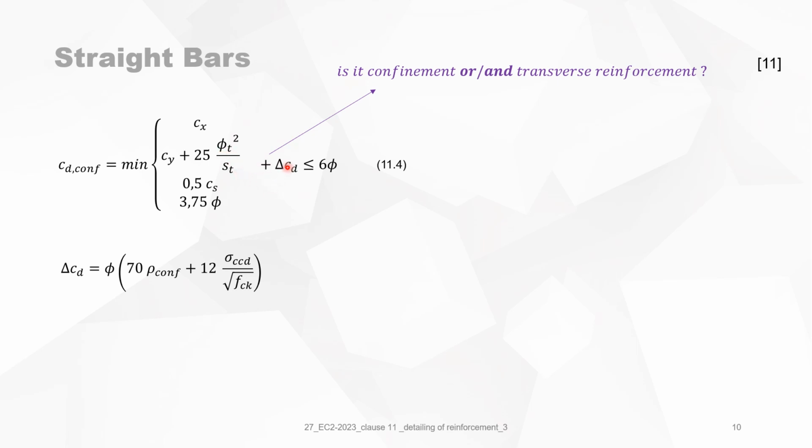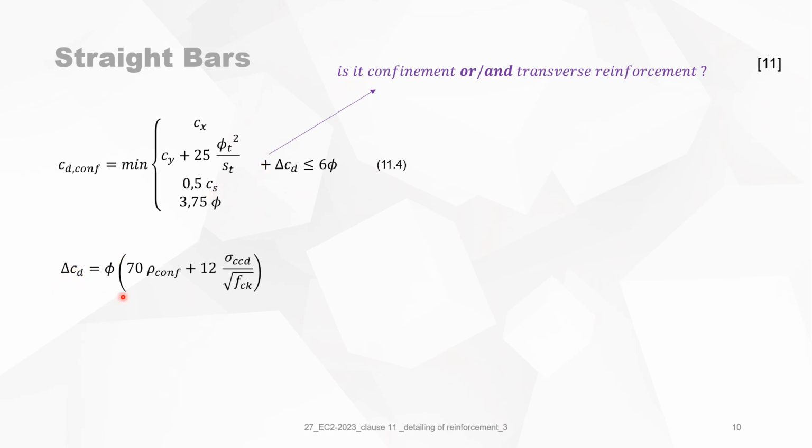Now there's a plus sign. So does that now mean that you can add up the effect of confinement plus the effect of transfer reinforcement? I truly believe so, but it's not clear because this is a plus. So remember this here, you take the minimum of this, and then you add up delta cd. So this is not clear, but I suppose because it's a plus sign, it's adding in as well.